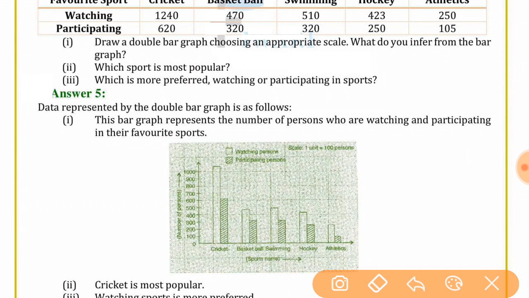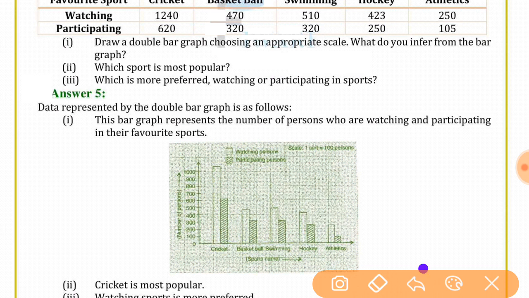Again 320 same as in basketball. 423 means after 400 little bit higher you must choose. Again 250 means 200 and 300, half only you have to choose. Again 250 same, exactly at the center. And again 105 means after 100, a small unit you can choose.